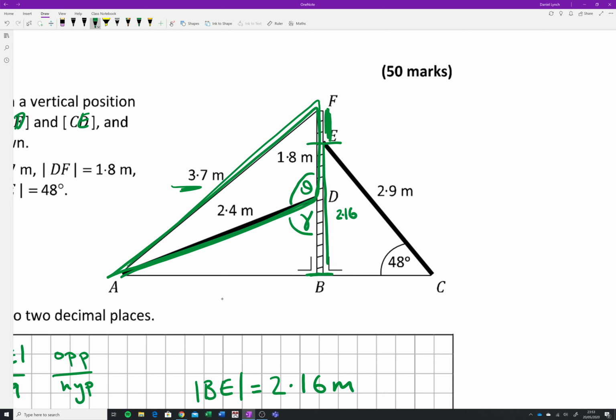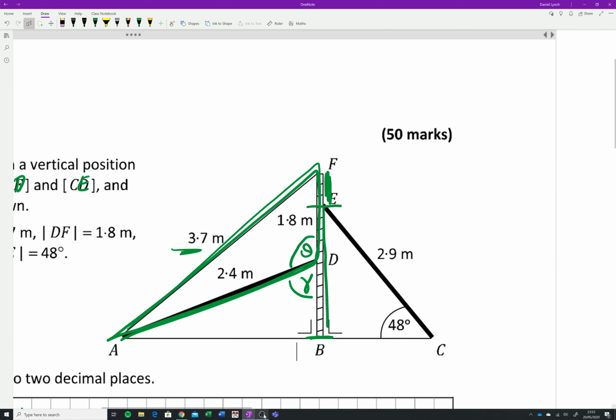So if we can go and get what BF is, we can take 2.16 away from it. Also, if you go and get DF, is that going to be helpful? It will be if you happen to know this length here. But I think what we should probably be trying to do is get BF. I tell you what I'm going to do, I'm just going to pause it here. Maybe I can try to edit out that little bit, and I'll come back to you.